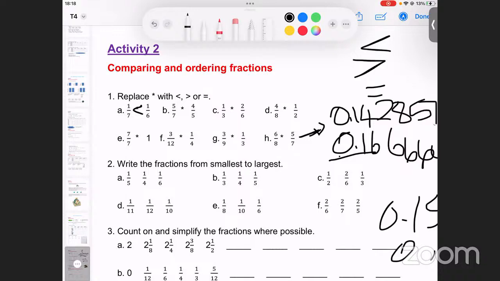No, that's not what you're supposed to do. What you're saying is correct, but you have to make sure that you put the correct thing. Remember here we are starting with 5/7. So it's 5/7 less than, greater than or equal to 4/5.